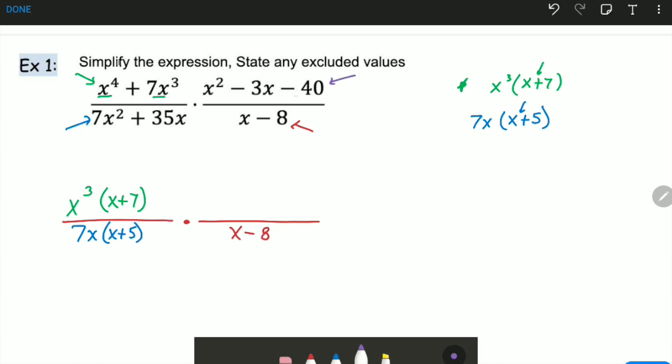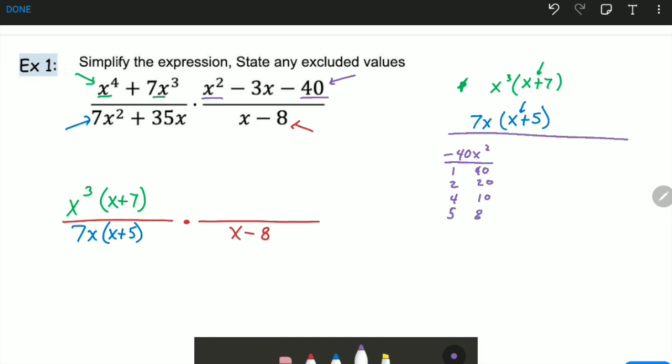So the last one here, there's no common monomial in all three terms. It's not one of the patterns, so we're going to go ahead and multiply first and last. So for the last one, we're going to have negative 40x squared. Some of the ways we can factor 40 are 1 and 40, 2 and 20, 4 and 10, 5 and 8.